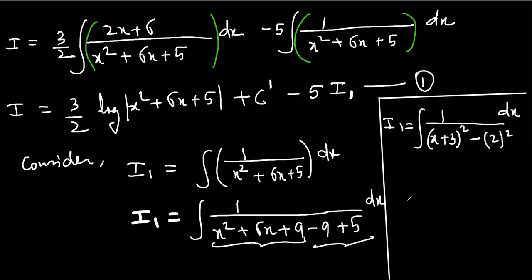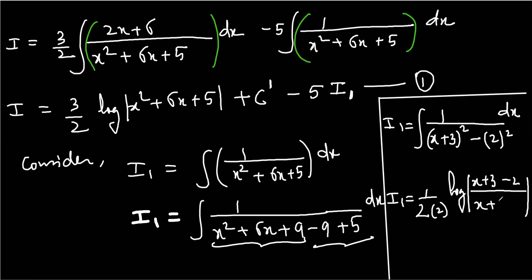Now I will apply the result: 1 upon variable square minus constant square is 1 upon 2a log of x minus a upon x plus a. So I1 equals 1 upon 2 into 2, where a is 2, log of x plus 3 minus 2 upon x plus 3 plus 2, plus c1. I add c1 because this is I1.